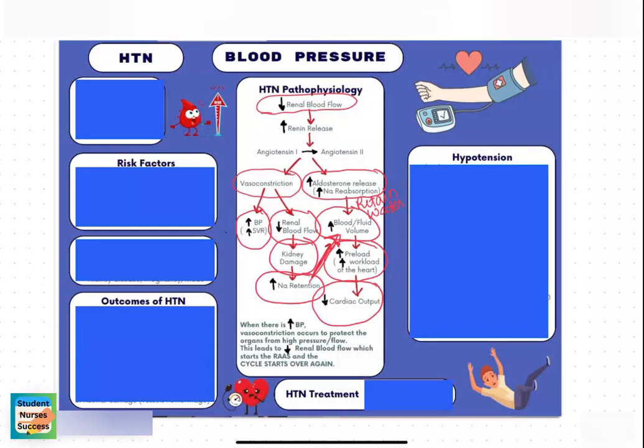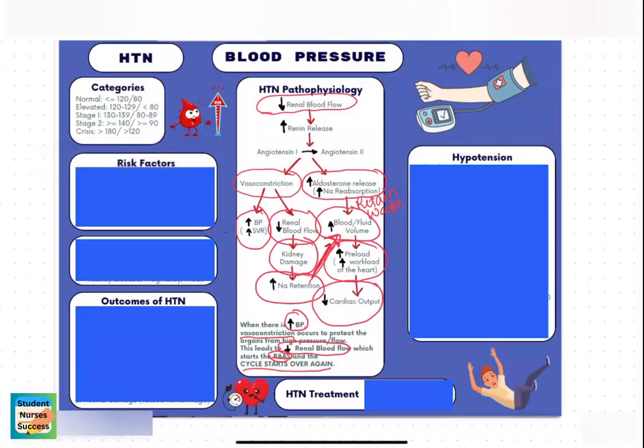So really, the gist of what's going on is whenever there's an increase in blood pressure, vasoconstriction occurs, and that's to protect the organs. The problem is this vasoconstriction leads to decreased renal blood flow, which starts your RAS system, which starts this cycle all over again. So what happens with blood pressure is that we have this vicious ongoing cycle that we can't break.